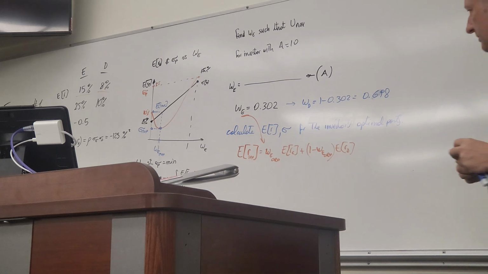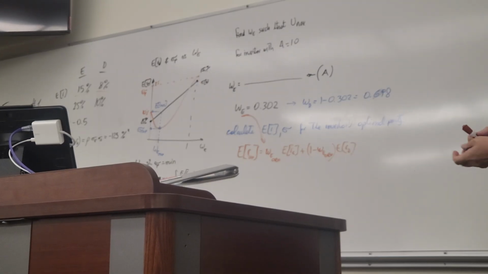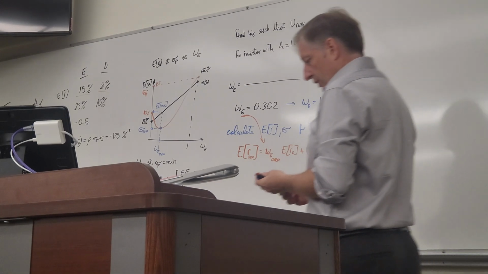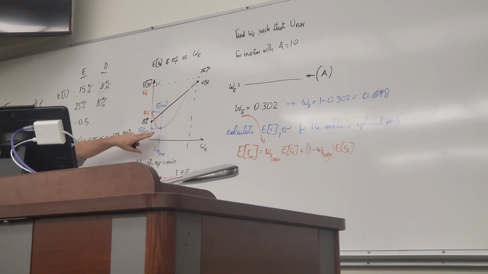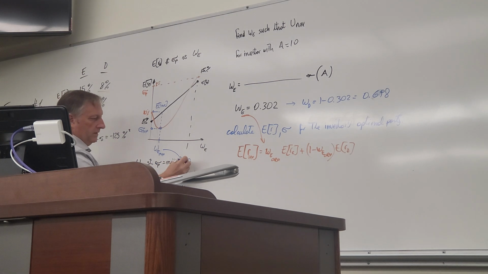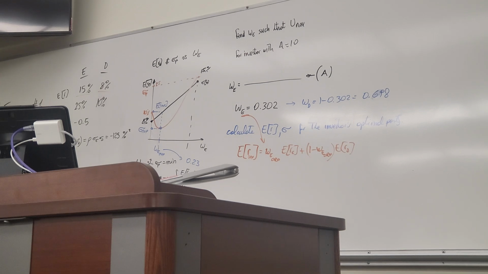This tells you the expected return on that ideal portfolio. So what do you expect it to be? I don't remember the value for the minimum variance portfolio. What did we calculate it to be? It was 0.23.